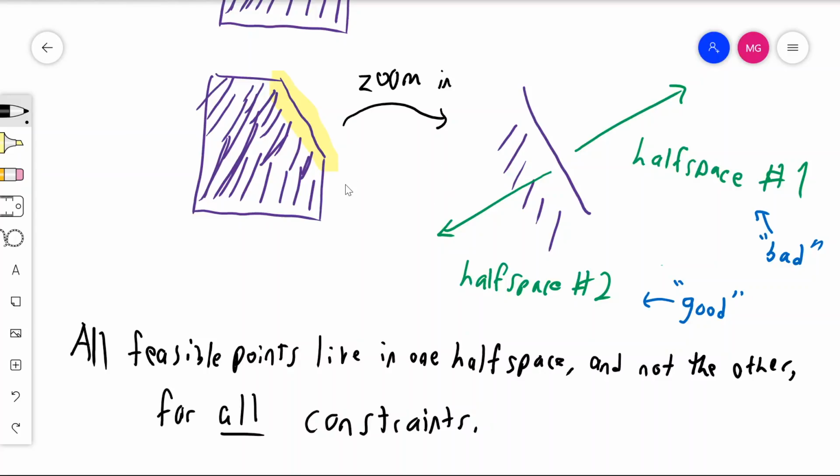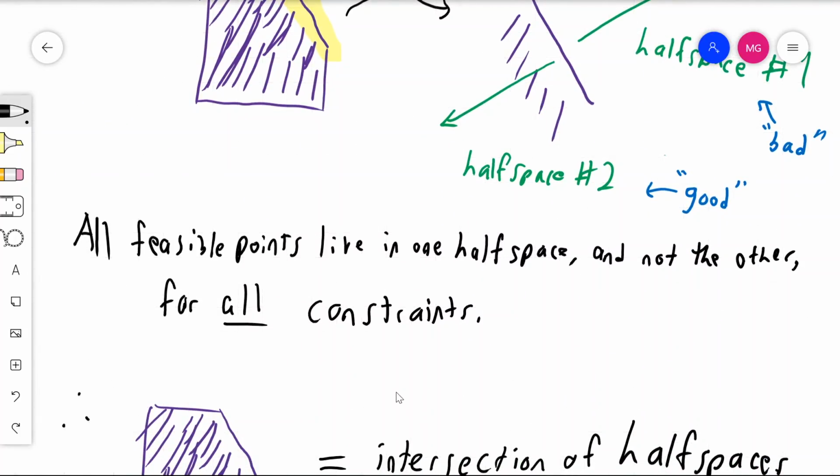So I do this zooming in for all these constraints, look at the good half space according to each line that splits space into two halves, take the good side according to each of those lines and intersect all those half spaces, and that gives me this purple set here, this polyhedron.